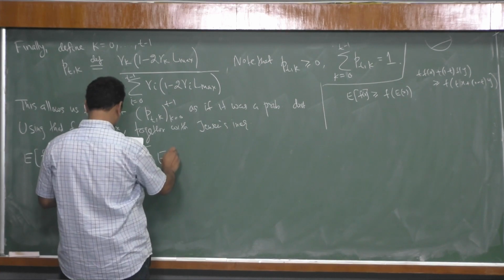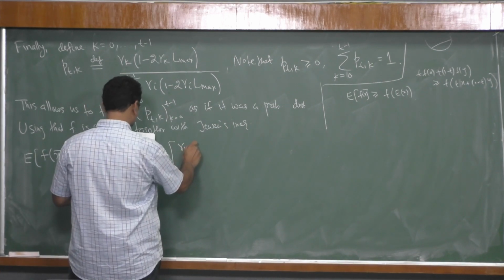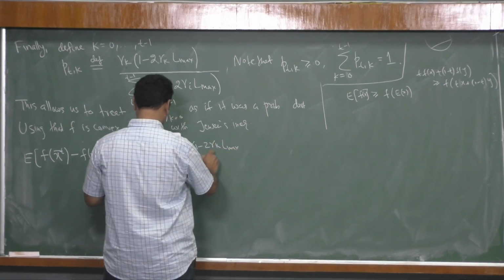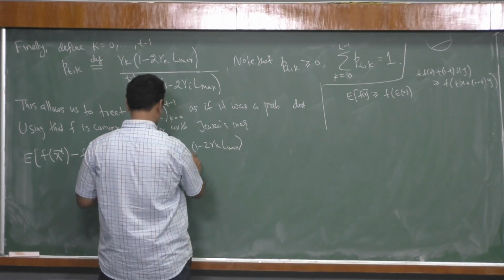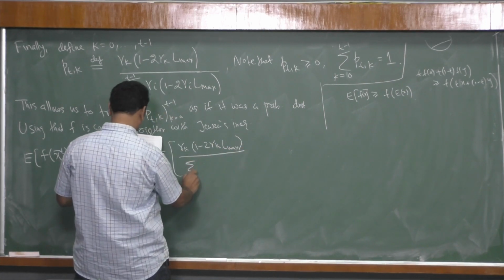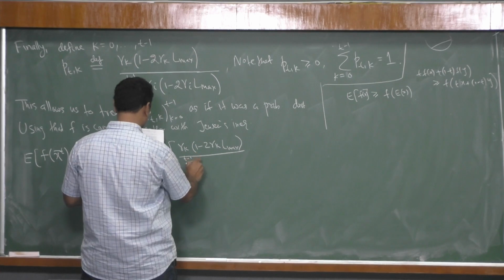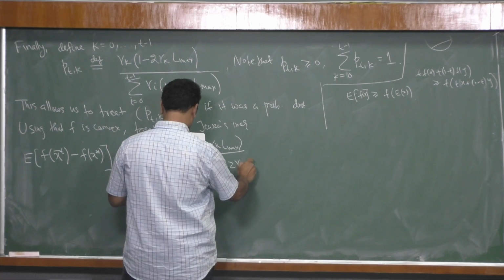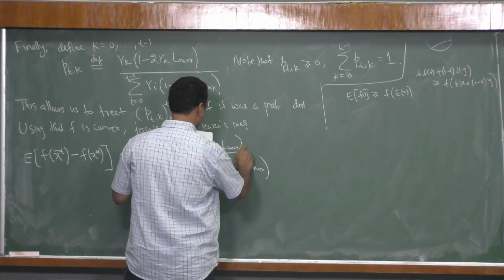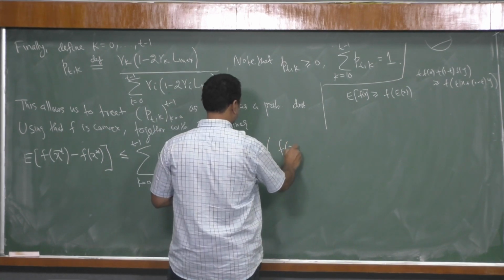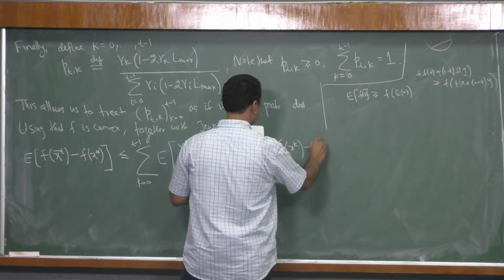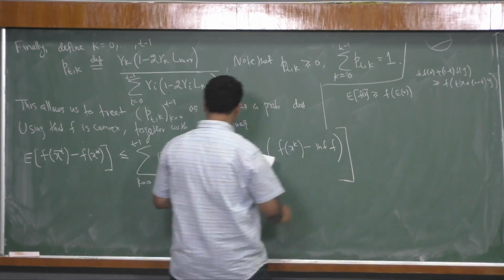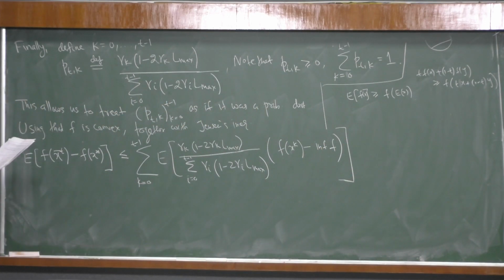So expectation of gamma k (1 minus 2 gamma k L max) divided by the sum of i equals 0 to t minus 1 of gamma i (1 minus 2 gamma i L max), and then this is f of x k minus infimum of f. Okay, so this came from Jensen's inequality.